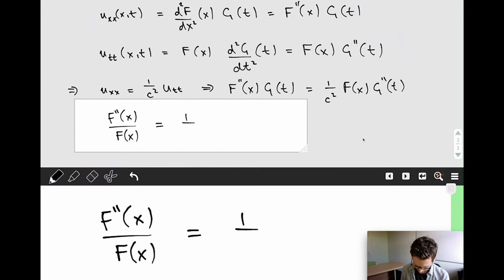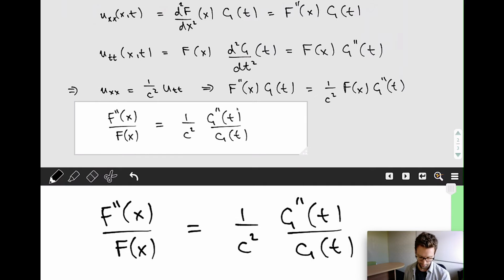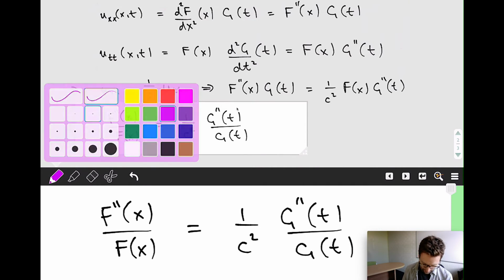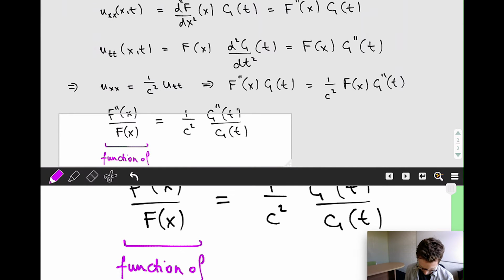So I've gathered all the x's on the left, all the t's on the right, and I've also kept that factor of c squared on the right-hand side, and that's just for convenience. But you notice now that I have an expression that is a function of x only on the left, and a function of t only on the right.